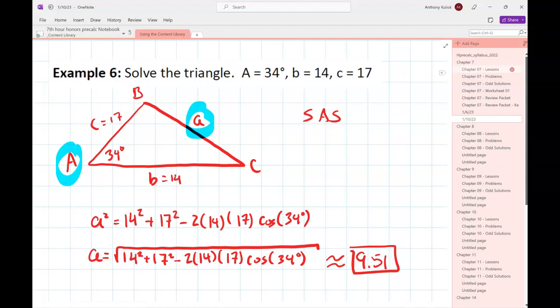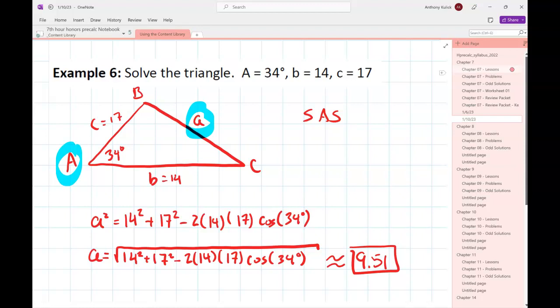Well, what we have to be careful about is we're now going to be doing an SSA problem where we have two sides and an angle and we're finding the other angle. So what we need to make sure we're doing is avoiding the ambiguous case.